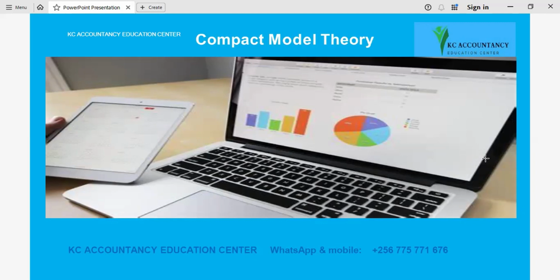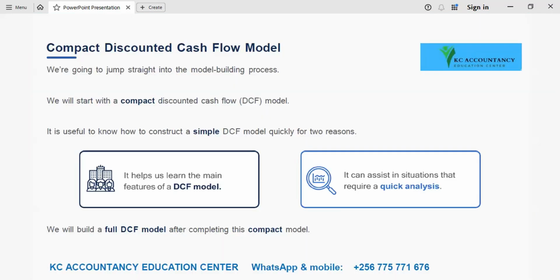So what we are going to look at now, we are going to move into the model building, and we are going to look at the processes that we are supposed to go through as we finalize some of these things that we have in place.